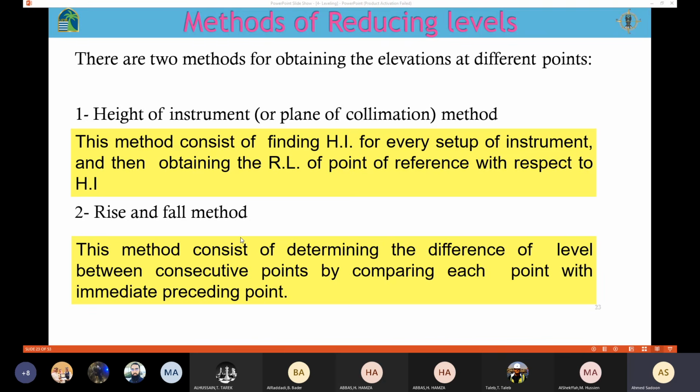Then, after we understand the height of instrument, we are going to introduce to you another method, which is the rise and fall method. This method consists of determining the difference of level between consecutive points by comparing each point with the immediately preceding point. So after we finish the height of instrument, we are going to talk about the rise and fall method.